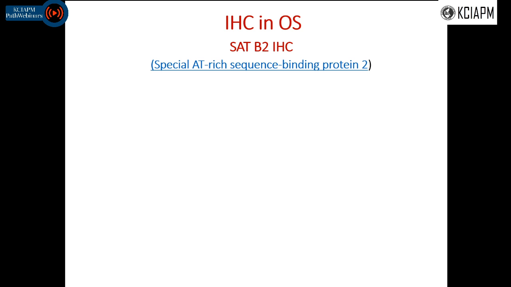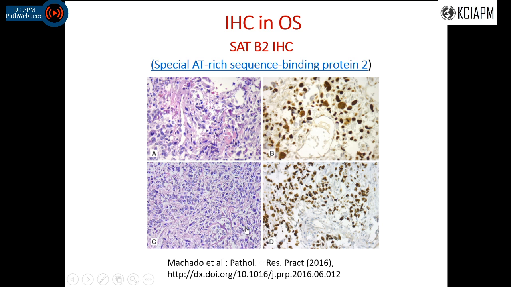So a lot has been talked about SATB2 staining, but we realize that SATB2 for a conventional osteosarcoma, the nuclear stain is beautifully positive, whereas in small cell osteosarcoma the nucleus also gets in. So it's a very good marker to pick up the malignant cells in osteosarcoma.